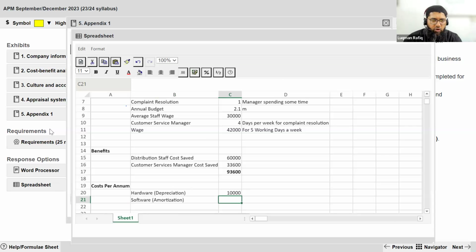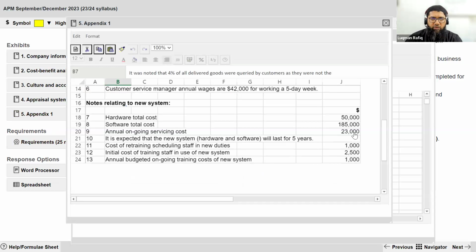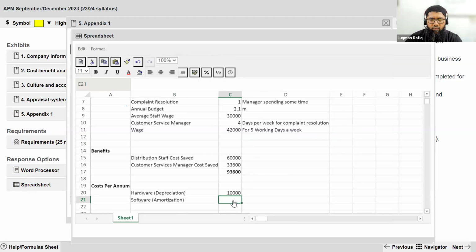We have the software's total cost of 185,000 and it is also going to last for 5 years. So 185,000 divided by 5.